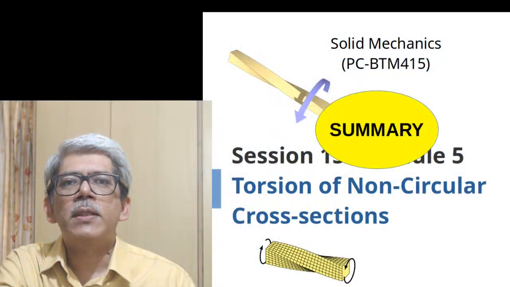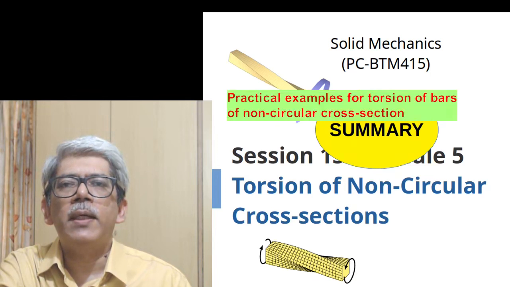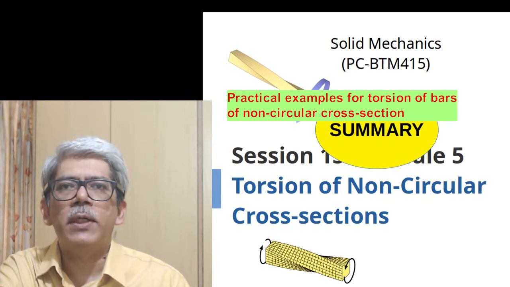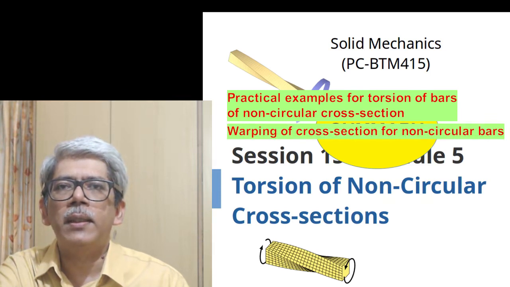Let me summarize the topics covered in this session. We have seen some practical examples where the theory discussed in this session is important for design of certain machine components which are of non-circular cross-section and are subjected to torsion. The major difference in deformation of non-circular bars subjected to torsion is observed in warping of its cross-section, which does not remain flat after loading, unlike in the case of circular bars.